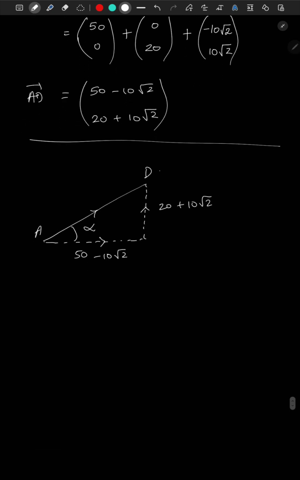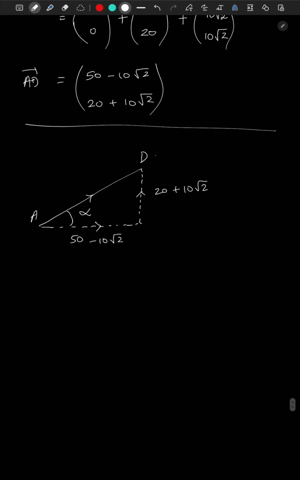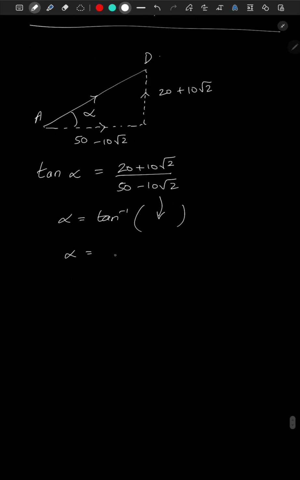The angle alpha is given by tan of alpha. If you use trigonometry, tan alpha is equal to 20 plus 10 root of 2 divided by 50 minus 10 root 2. So this will give you tan inverse of this ratio, and alpha is about 43.6 degrees.